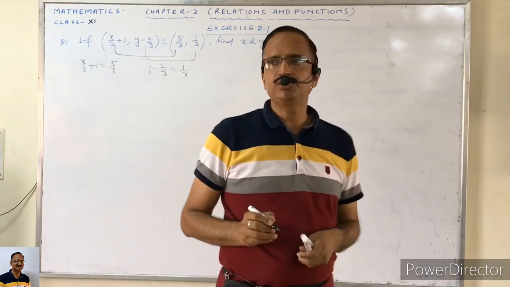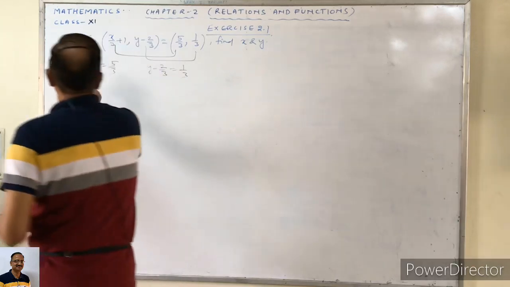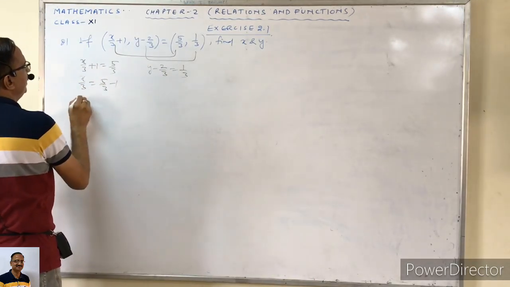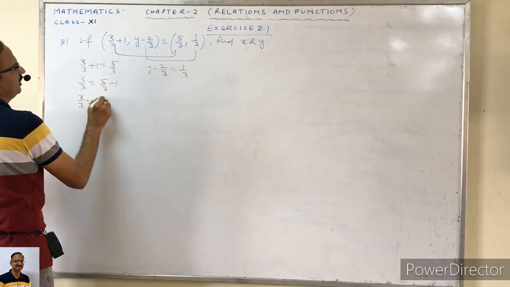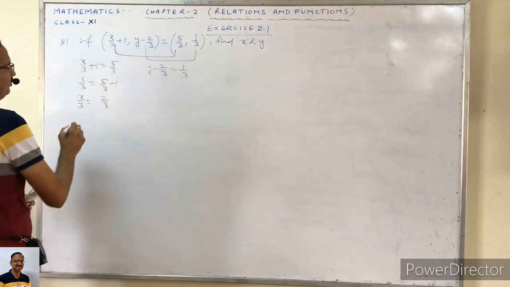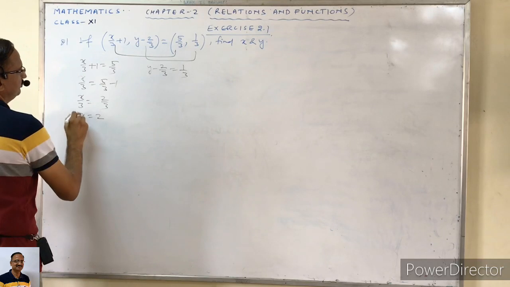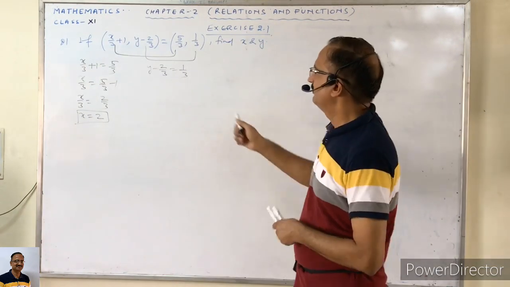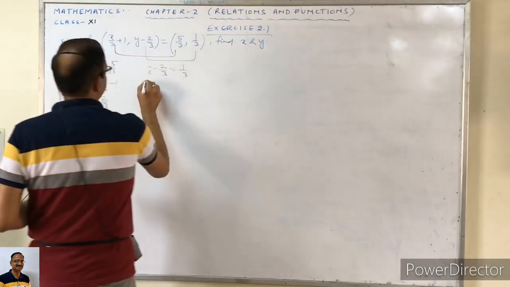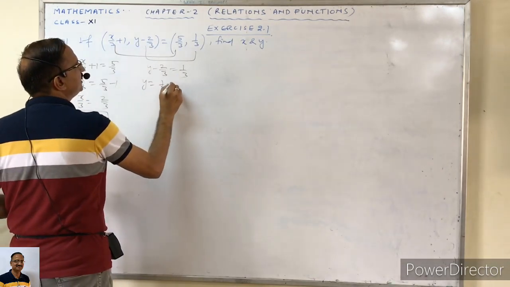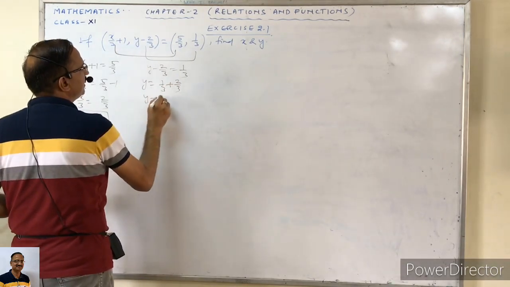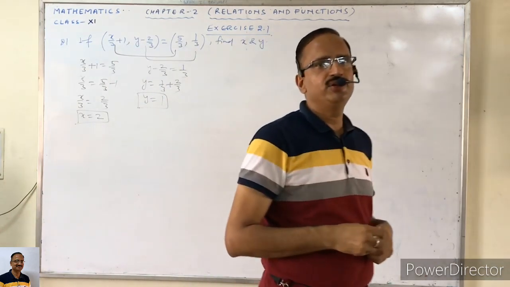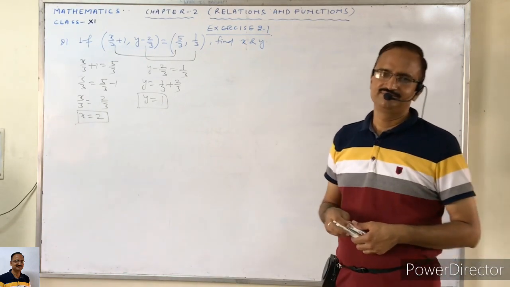When we simplify, x/3 equals 5/3 - 1, and x/3 equals 2/3. So x equals 2. Now, y equals 1/3 + 2/3, which is nothing but 1. So the value of x is 2 and the value of y is 1.